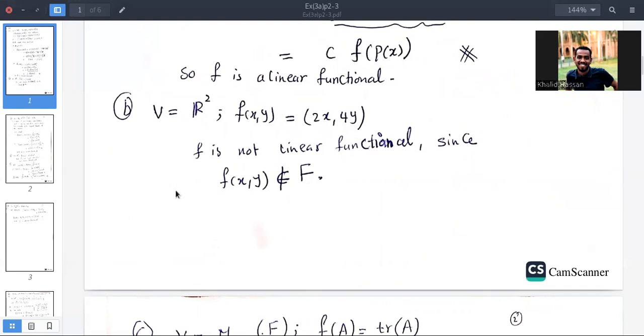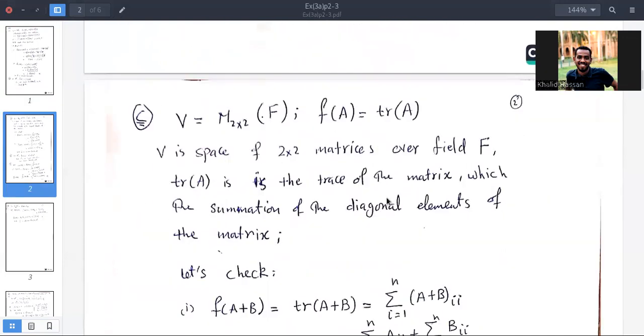This is not a linear functional, in fact, because the result of substituting in x and y is not a number in the field; the result is a point in 2 dimensions. The result should be a point in 1 dimension, at least in F. So this is not a linear functional since f of x y is not in F.